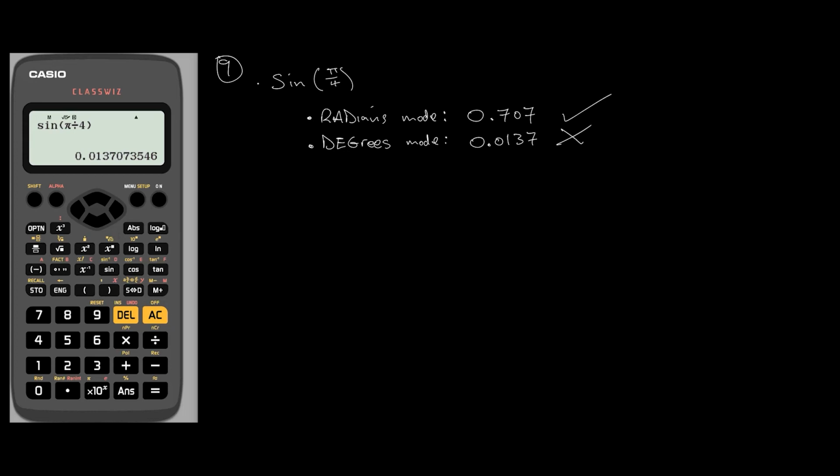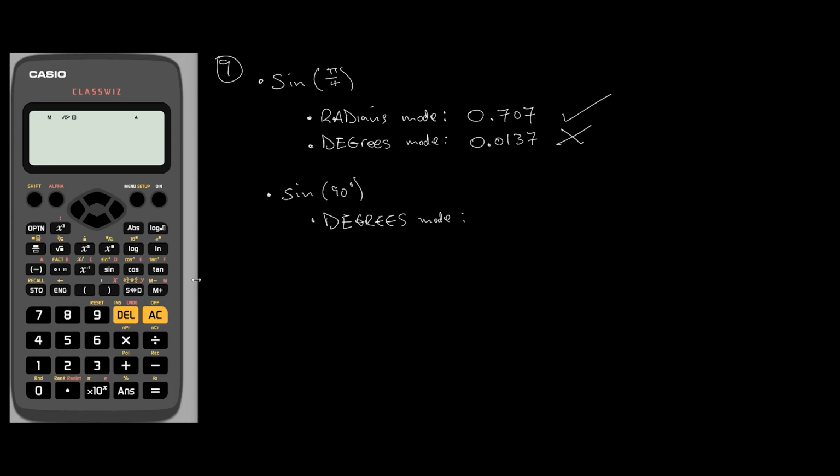Okay, so let's have a look at one where we definitely imply degrees. So how about the sine of 90 degrees? Why don't I put the calculator, well, we're already in degrees mode, so let me try that in degrees mode, which is the correct mode. We do not see pi there, so we have it in degrees mode.